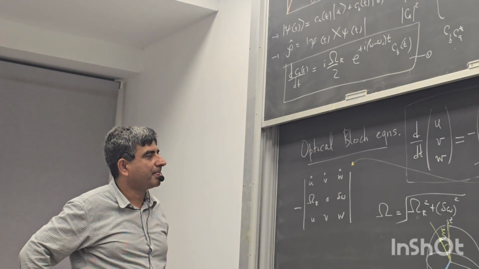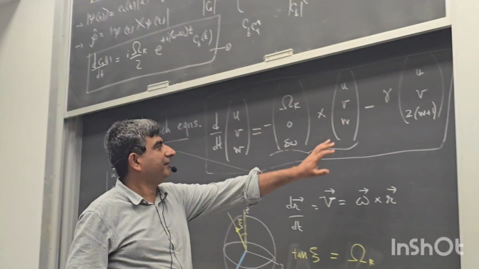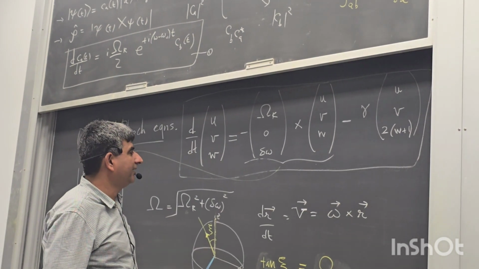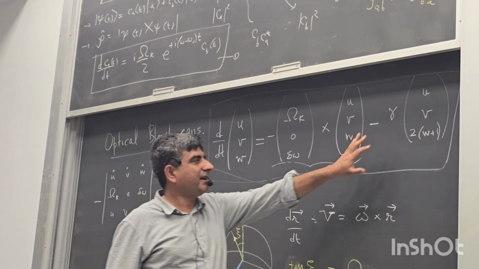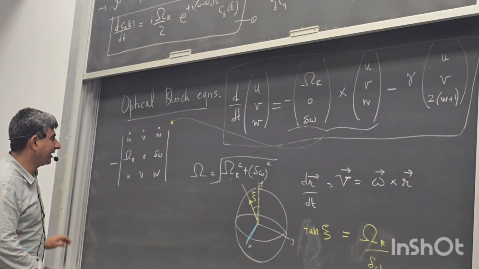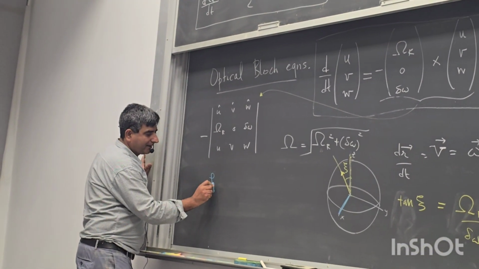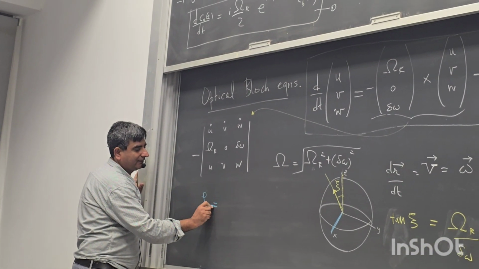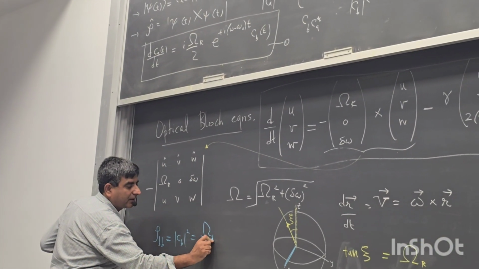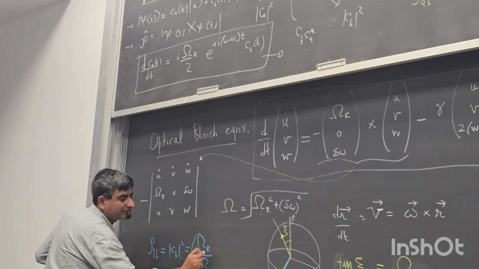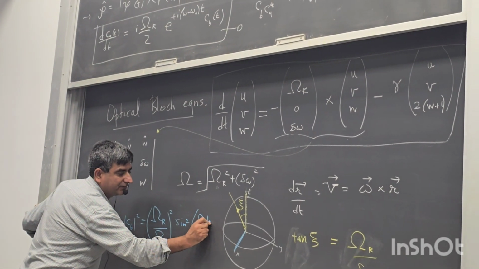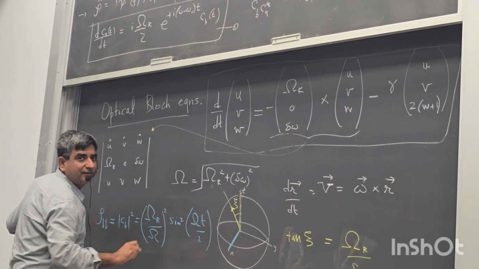For example, for the undamped case, you'll be able to recover the result that rho_BB, which is the mod square of c_B, is Omega_R squared over Omega squared times sine squared of Omega t over 2.